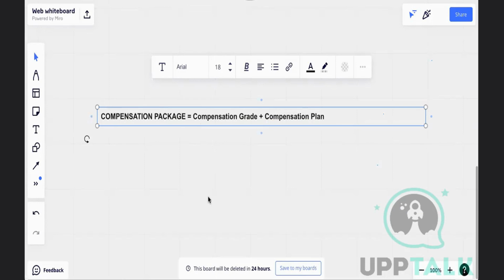So whenever we talk about core compensation for Workday, these 3 terms should immediately pop up in your head: compensation package is equal to compensation grade plus compensation plan. Compensation package is equal to compensation grade plus compensation plan. Print these 3 terms in your memory because they are going to help you a lot.